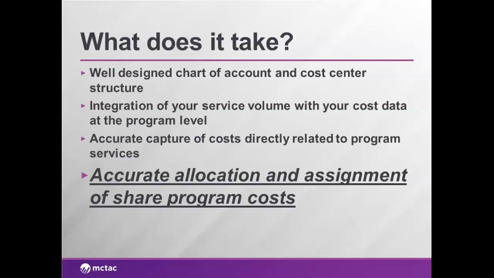But there are also many opportunities where we share costs across different programs. And I'll show you some examples of how we may share staffing costs, or how we may share operating costs. And it then becomes extremely important for us to be able to take those costs and assign them properly in order to understand what our true costs are.